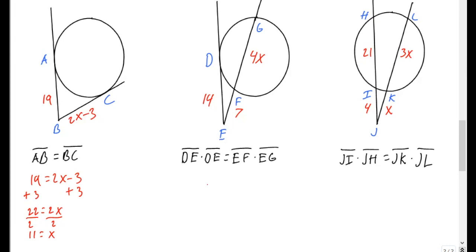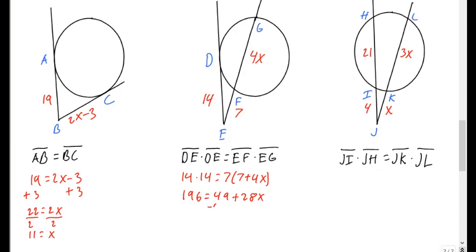For this next one, one tangent and one secant, we've got 14 times 14 is equal to 7 times 7 plus 4x. It's the entire length, so it's the first part times the entire length. So 14 times 14 is 196, is equal to 49 plus 28x.